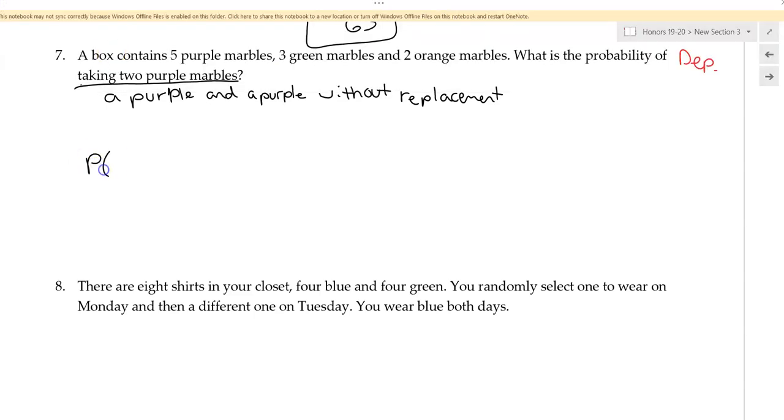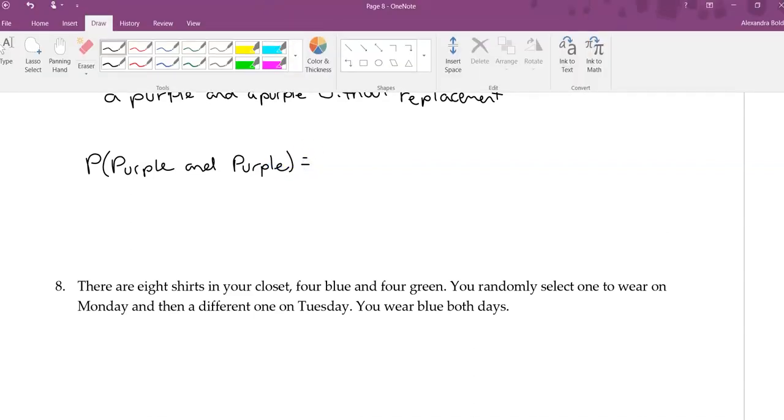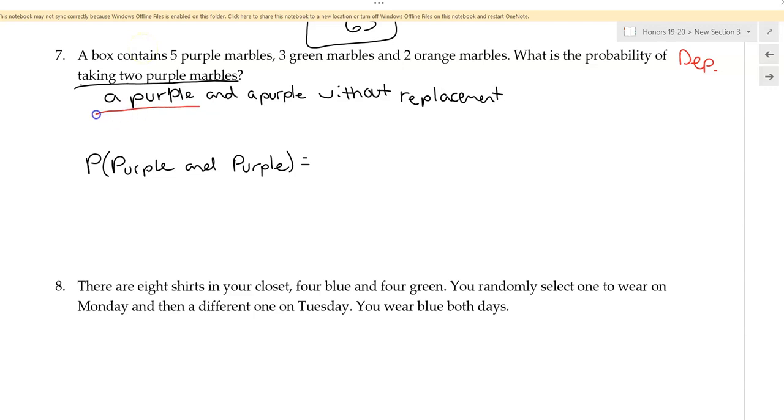So the probability of purple and purple. Well, my first purple, there's 5 purple. And my total is 5 plus 3 is 8, plus 2 is 10.